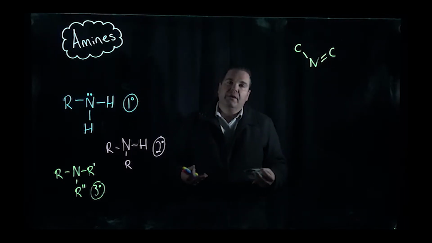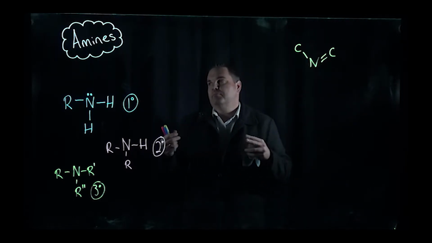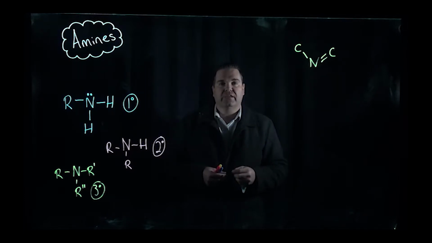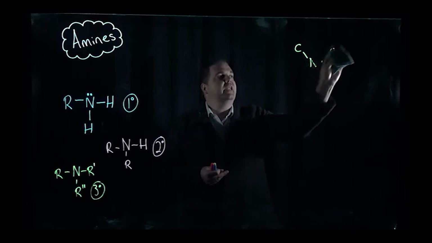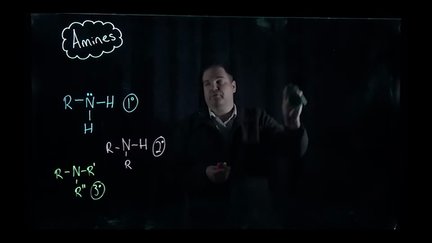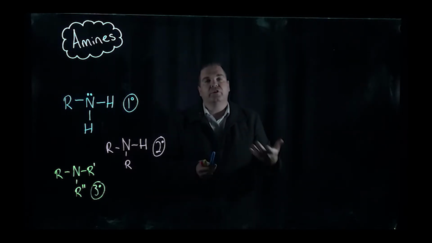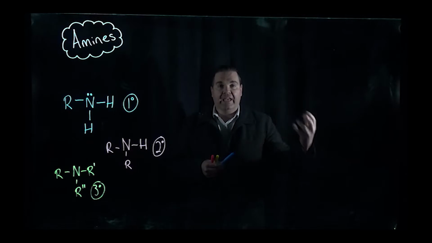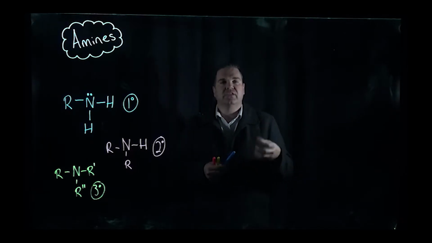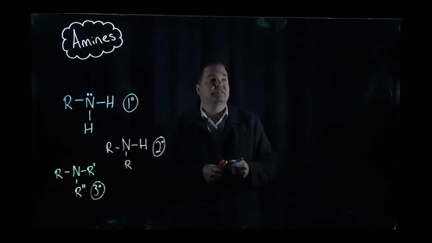So what you need to be able to know in this topic of amines for organic chemistry is how to name them firstly. How to name amines is pretty straightforward. Every amine ends in amine, and you give the number of the carbon atom that it is attached to.